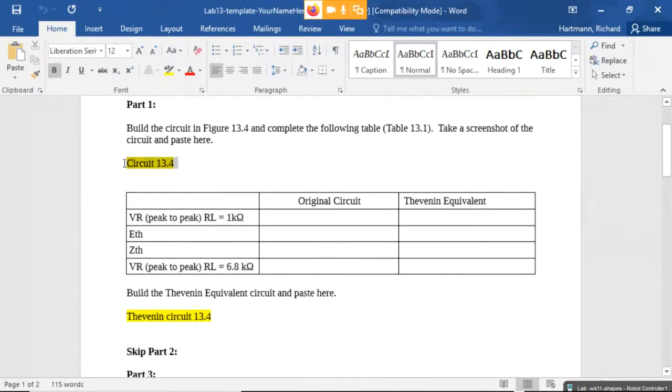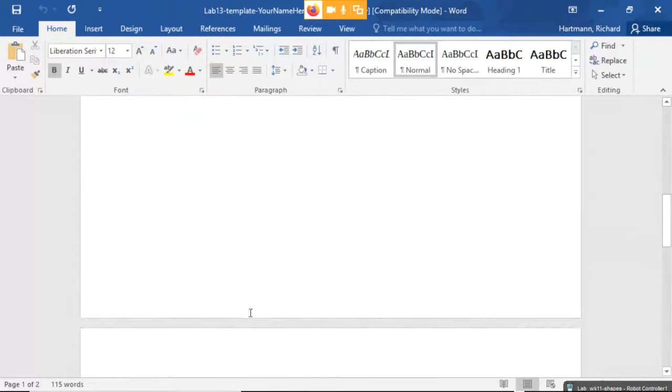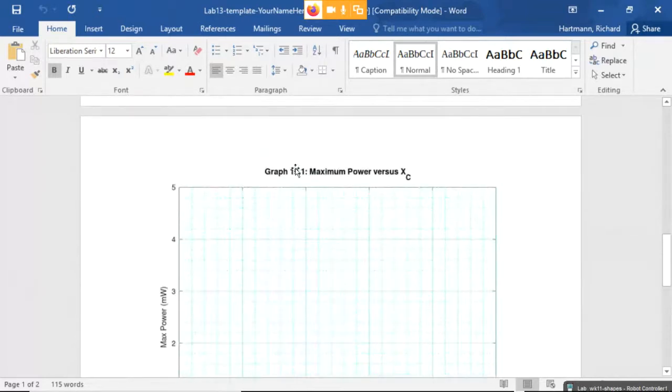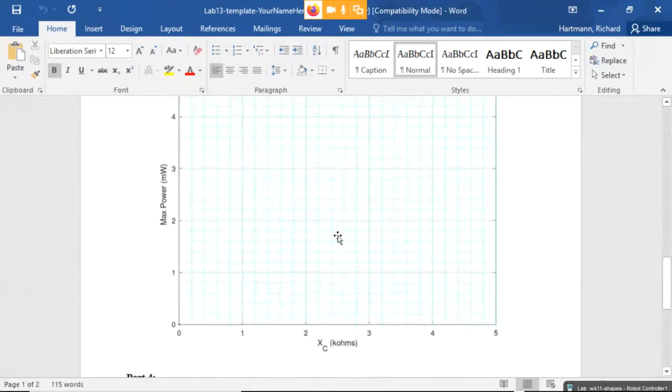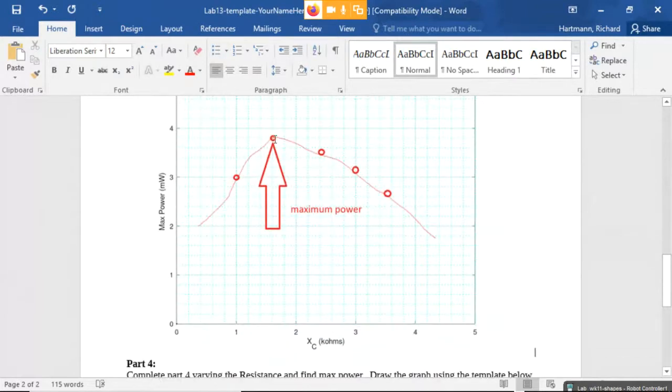You give me a copy of the original circuit that you did in the Multisim. You give me a copy of the Thevenin circuit you did in Multisim. And you give me the graph 13.1.